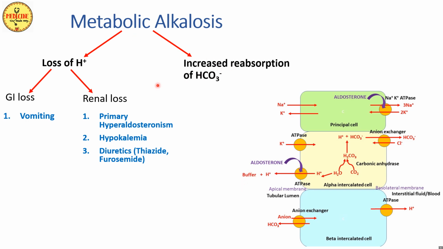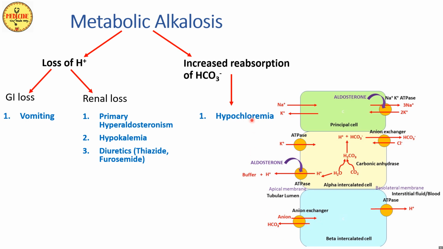Now when you move on to increased reabsorption of bicarbonate, it occurs in hypochloremia when you have less chloride ions. Now how does that happen? You know, for the bicarbonate ion secretion at the beta intercalated cells, you need an anion, mainly chloride, to be exchanged for bicarbonate.